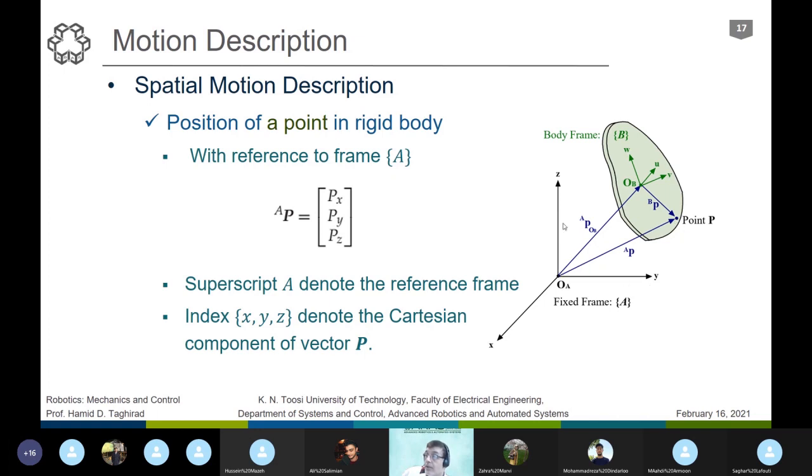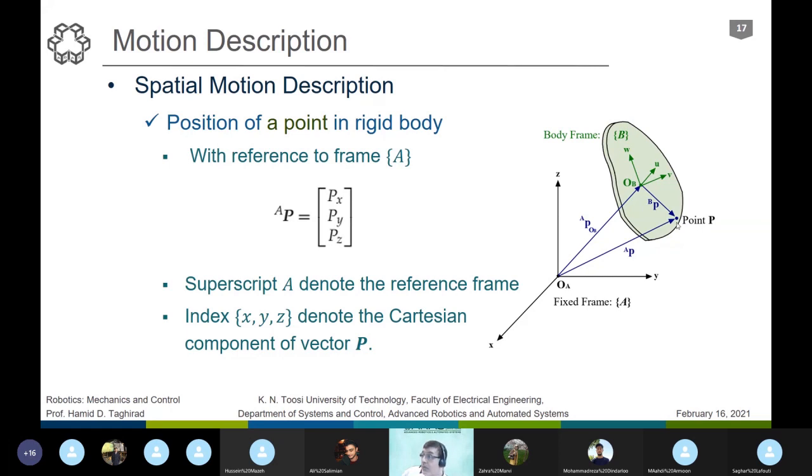If the base of the robot is here, how far is the point from this base? If we consider another base here, it is much farther, and these components are different. So we consider the position P with respect to this frame in terms of its components Px, Py, and Pz. As I told you, the superscript A represents the reference frame.